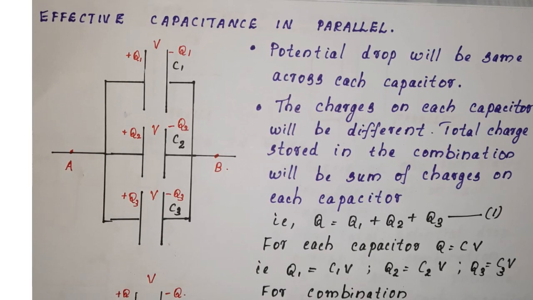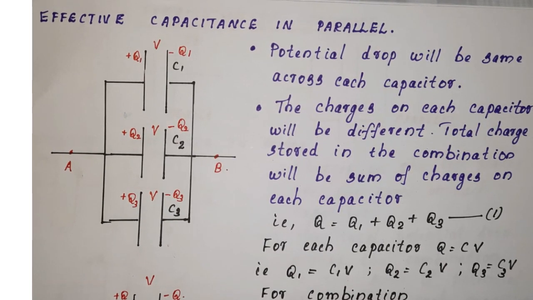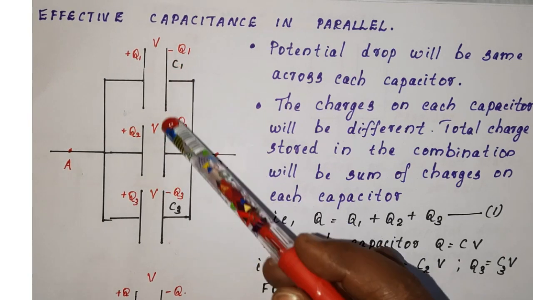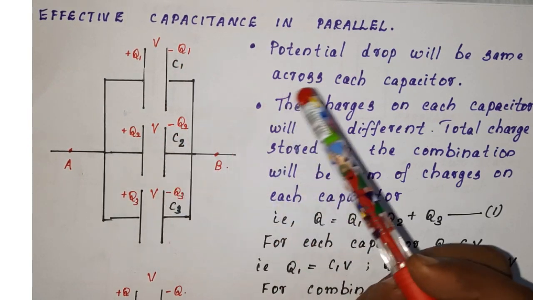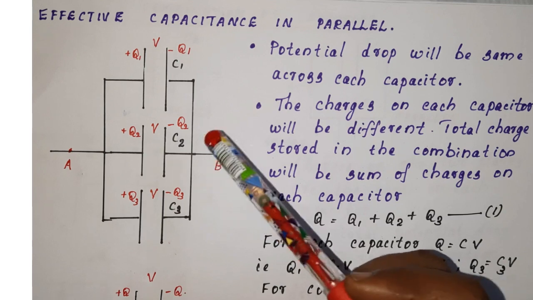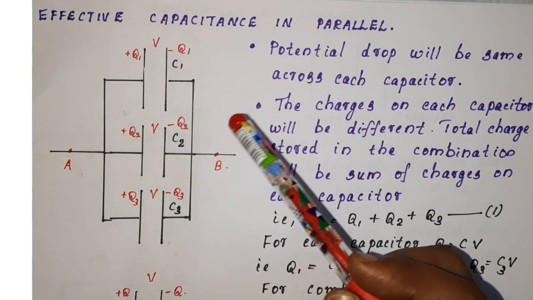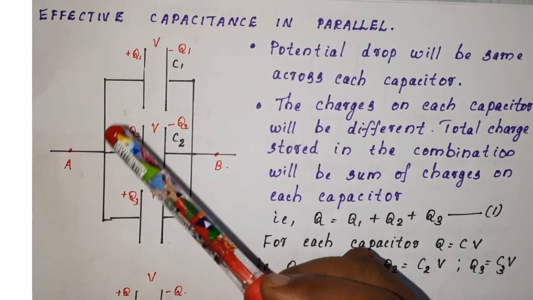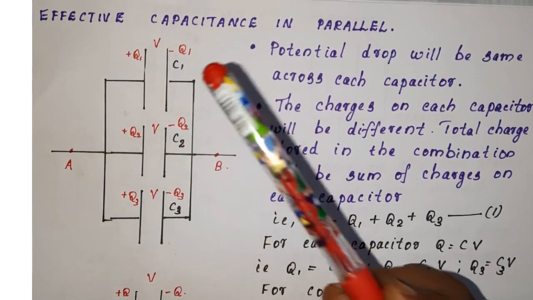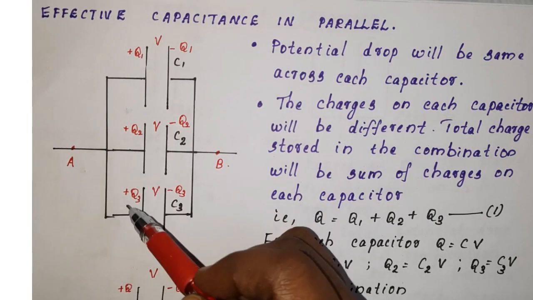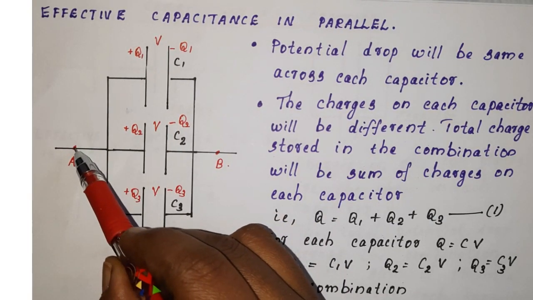Now, effective capacitance in parallel. Here we have three capacitors of capacitances C1, C2 and C3 connected in parallel. The important point to keep in mind regarding the parallel combination is that all these three ends are at the same potential.